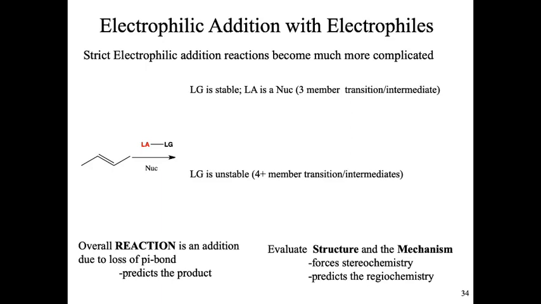Where is that something going to attack this three-membered ring? On the opposite side of the structure. Which means when we look at the end result, those two things are now on opposite sides of the old pi bond. That would be known as an anti-addition.